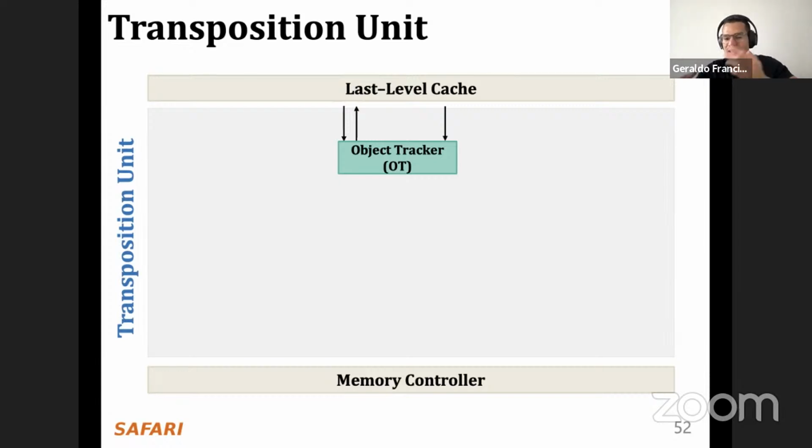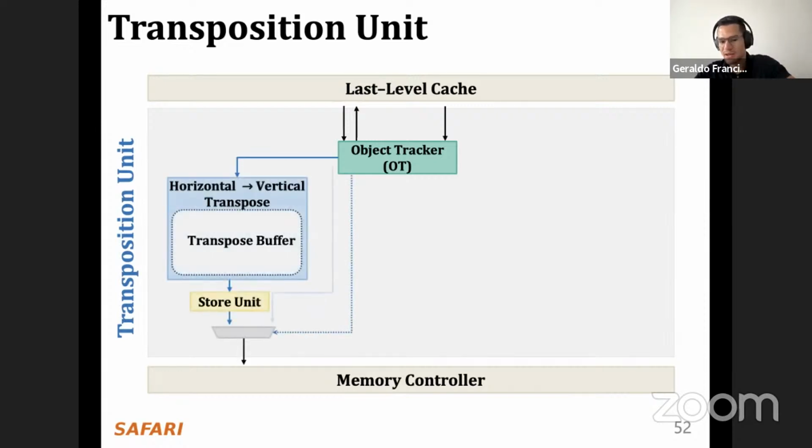So when doing the execution of the program, this object tracker is going to track memory addresses from a SIMDRAM object, and when the object is on the path to be evicted from the caches, this is going to trigger the horizontal to vertical transpose engine in SIMDRAM, which is simply some sets of buffers that are connected in a specific way, so that when you read from one way, you write in the other way in the transpose manner.